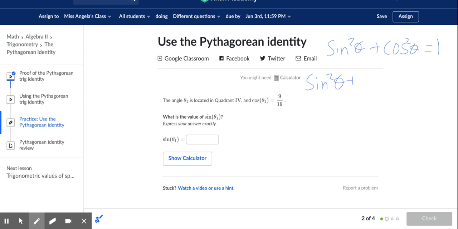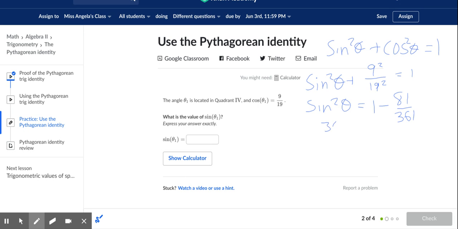So 9 squared over 19 squared equals 1. I'm going to go ahead and subtract it to the other side while expanding it. So 81 over 19 squared, 361. Okay. And then find a common denominator.